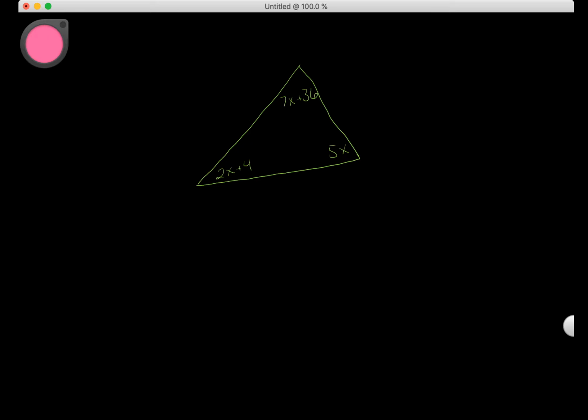Well, we know that the entirety inside this triangle is going to equal 180. So if we put all of these together, they're going to equal 180. So we have 7x plus 36 plus 5x plus 2x plus 4, all of that together equals 180.